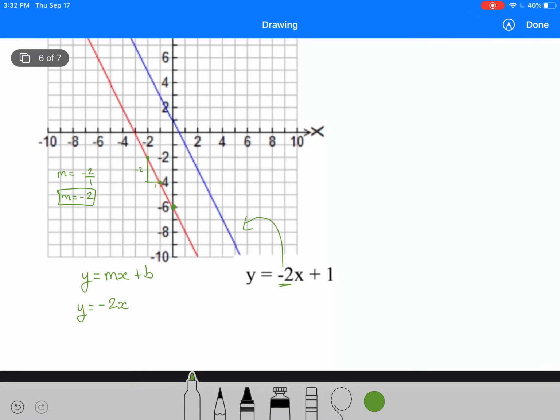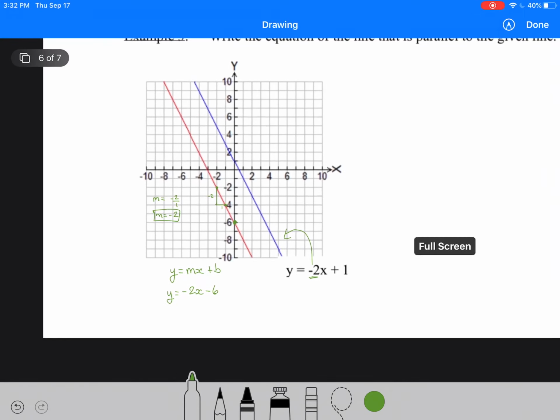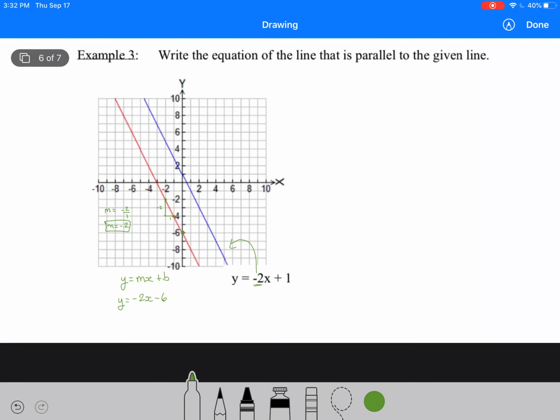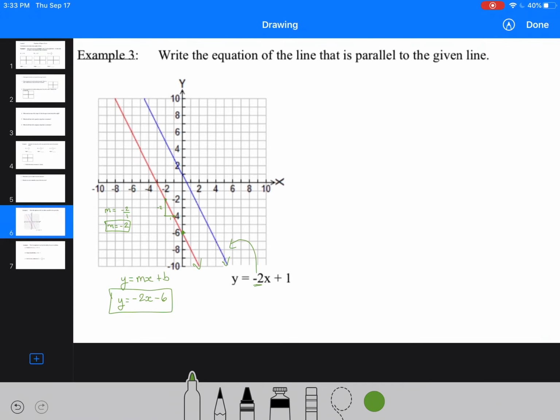We can see it hits right here at negative 6. So our equation will be negative 2x minus 6. That's it, done. There's our equation of our line. Please remember, if something's going down to the right, you always have a negative slope.